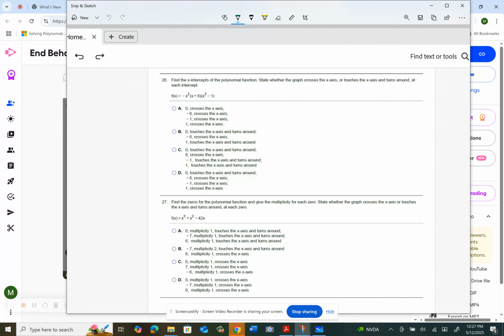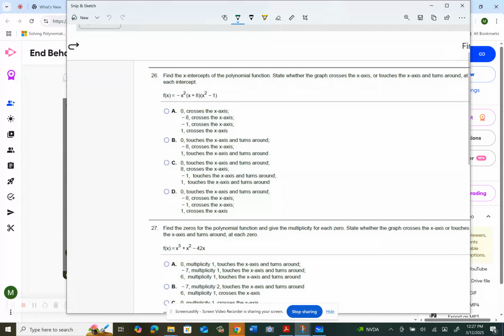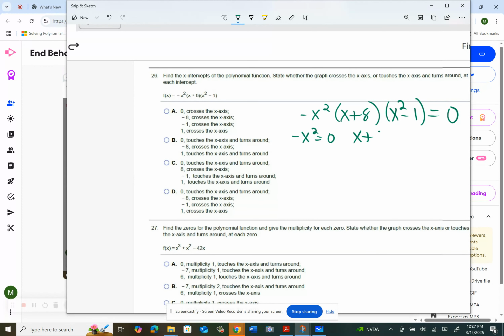Okay. All right, so when you're looking at a problem like 26, if you were looking for the x-intercepts or the zeros for that function, you basically are trying to set this right here equal to 0. Okay, so that means either this factor would have to be 0, x plus 8 would have to be 0, or x squared minus 1 would have to be 0.